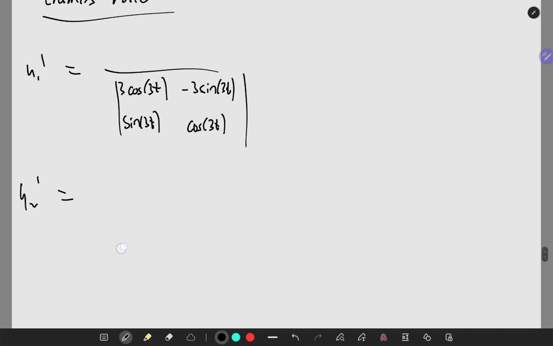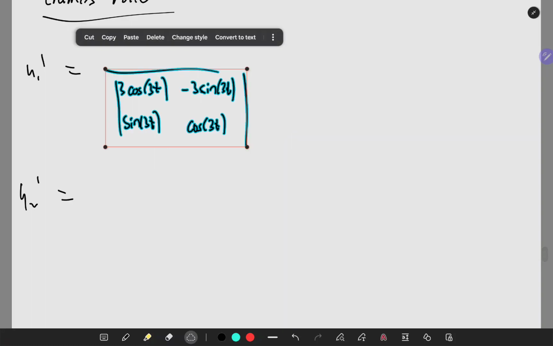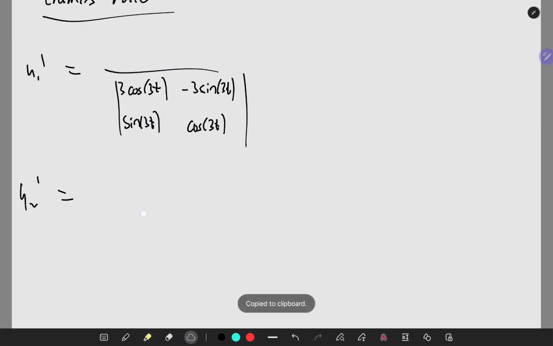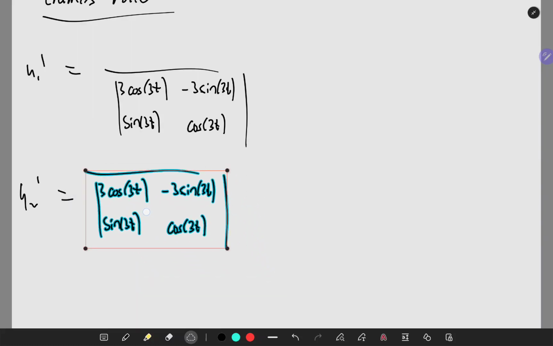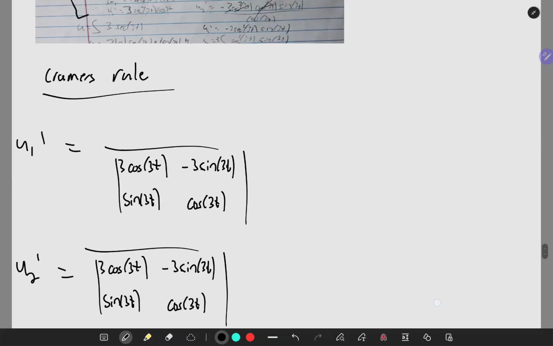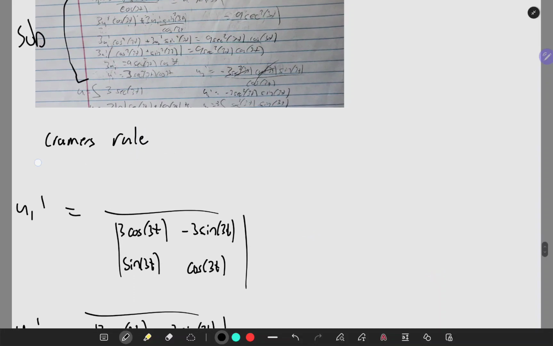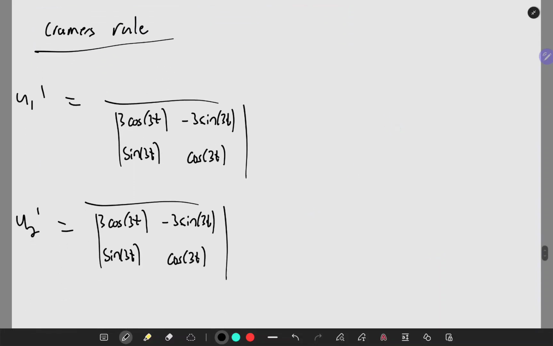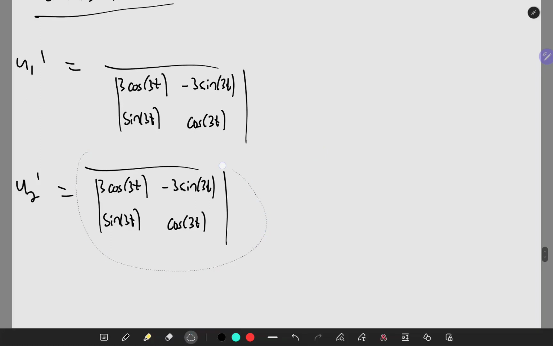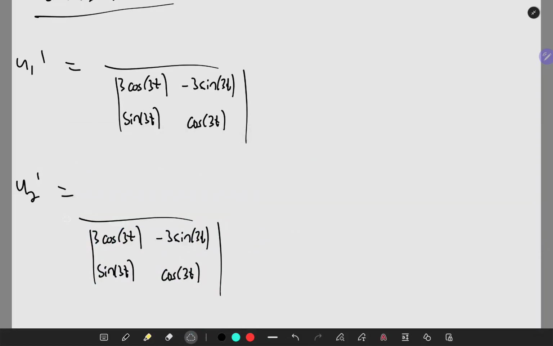I might need more space. Okay, let me just copy that. Those are U's, and that is a 2, by the way. I gotta try and write neater. Okay. Cramer's rule. I need more space though.